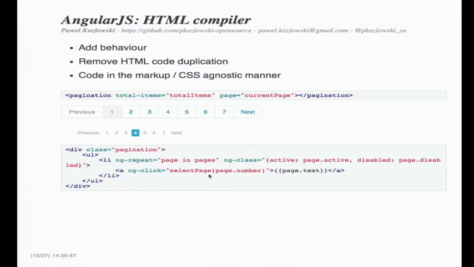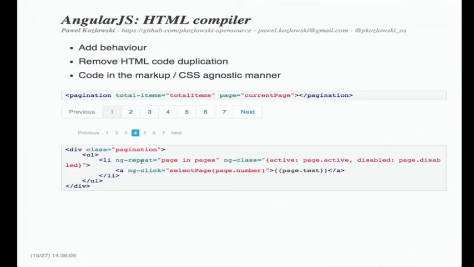So once again, it's a kind of mental shortcut. We are giving this pagination thing our name because it is pagination, right? Let's name it pagination. We are removing HTML code duplication, because if I have to write pagination in 10 different places, it's so much easier to just write pagination.